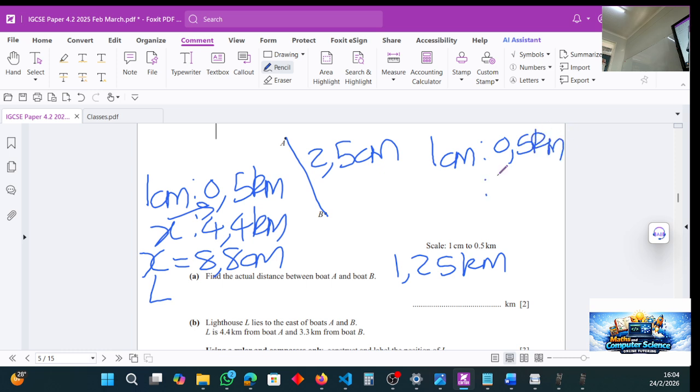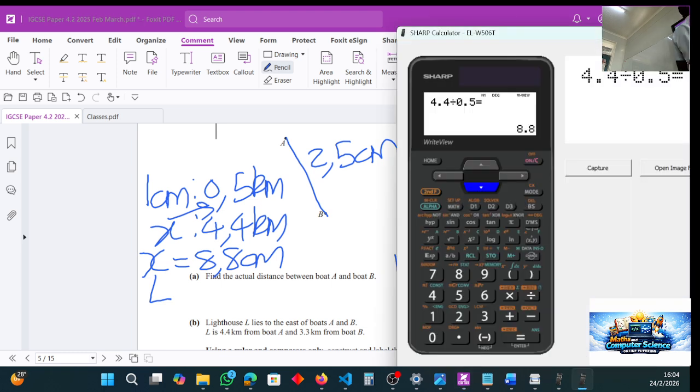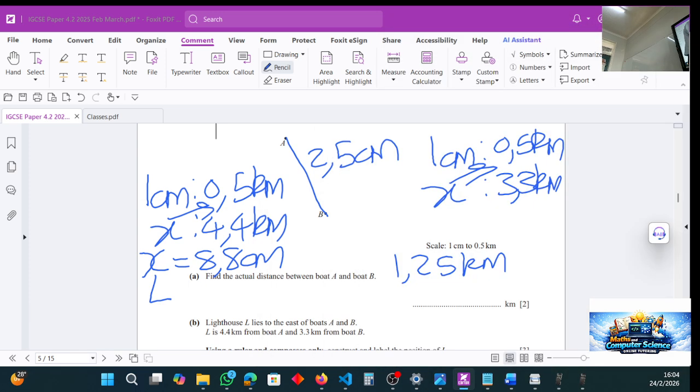So what if we have 3.3 kilometers? How long will it be on the paper? We take 3.3 divided by 0.5, giving us 6.6. Okay, that's what we're doing. So from B to L, that would be 6.6 centimeters.